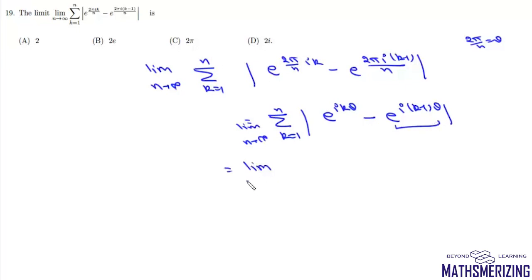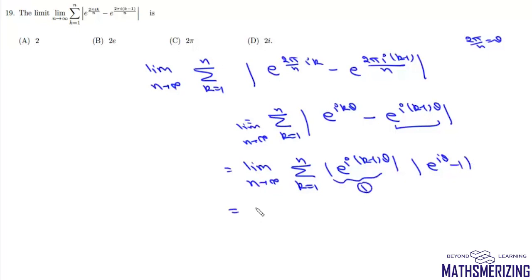We can write limit n tends to infinity, summation k varies from 1 to n, and then mod of e to the power iota (k minus 1) theta, and then mod of e to the power iota theta minus 1. Now modulus of e to the power iota (k minus 1) theta is simply 1. So this value will be 1. So we can write this as limit n tends to infinity, and then summation k varies from 1 to n of mod of e to the power iota theta minus 1. Now this expression is independent of k.